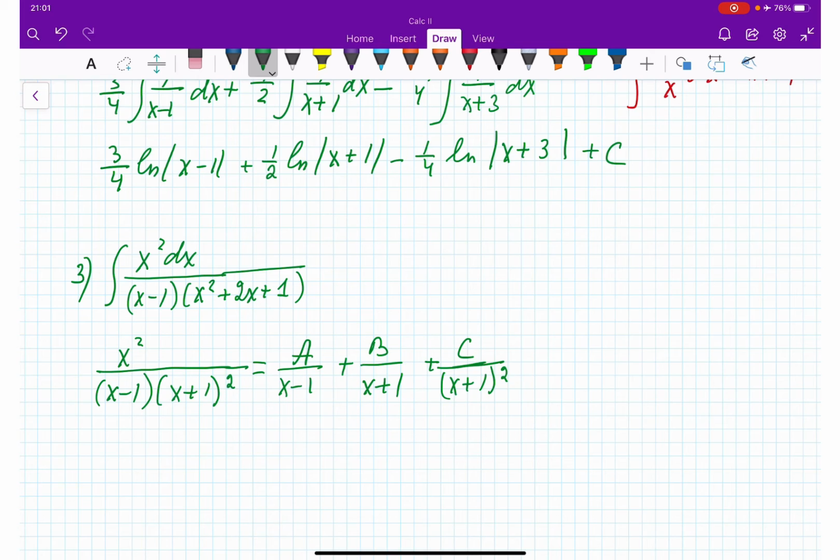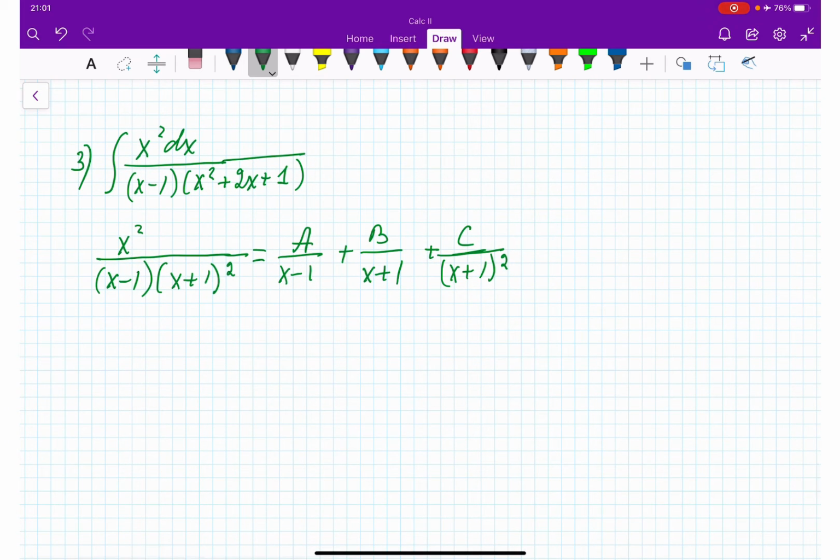Okay, so from here, what we are going to get if I bring to common denominator, so x squared, it's going to have a times x plus 1 squared, actually, since I have already here squared.